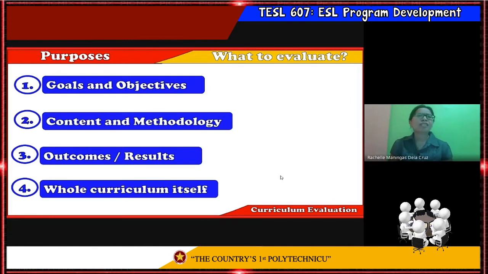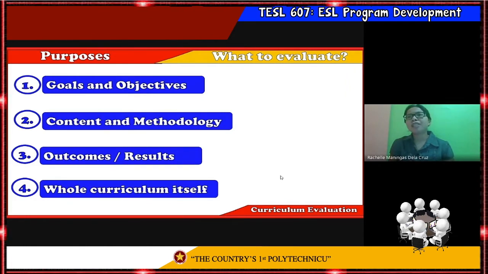What else? So evaluators could also evaluate the content and methodology. So of course, the contents of the curriculum should be evaluated to know whether they relate with the needs of the learners as well as with the needs of the society, whether they are also still updated or no longer updated.